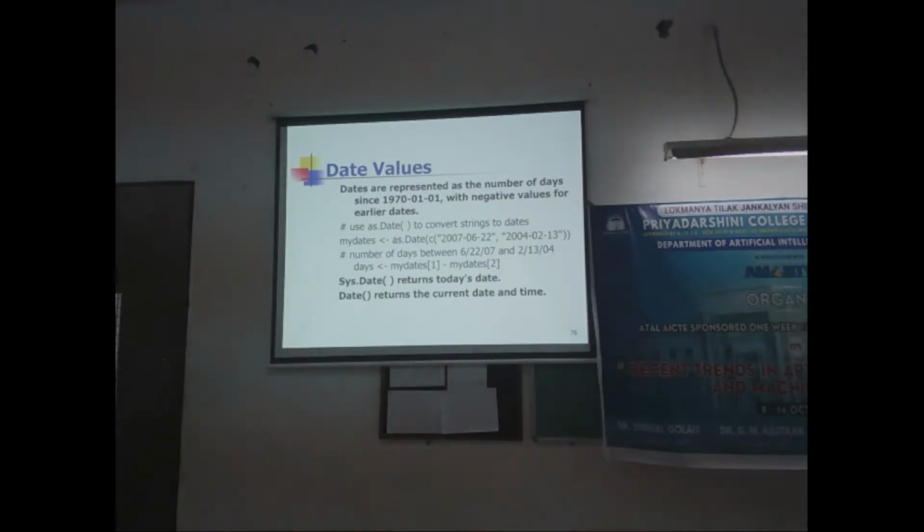What is the current date and time? Why do we usually require this function? For example, you are writing a certain piece of code, and you find that this script is taking a lot of time to run.